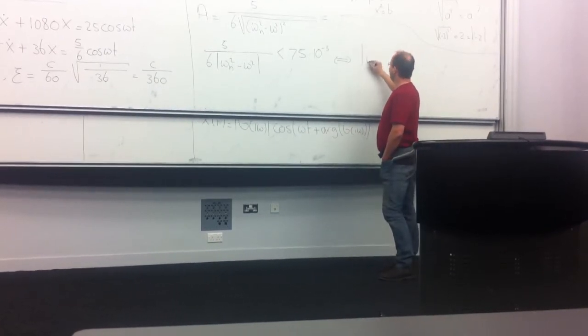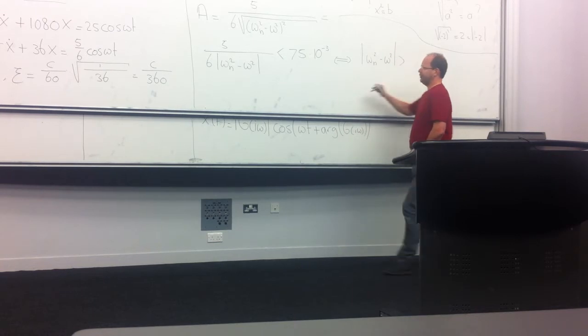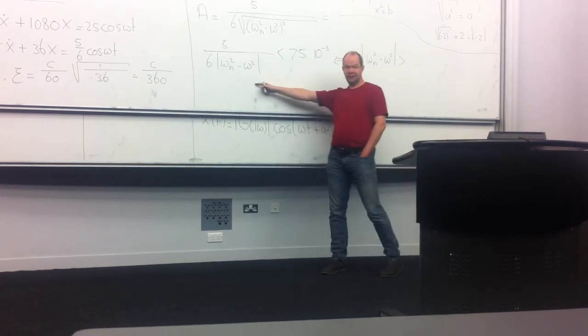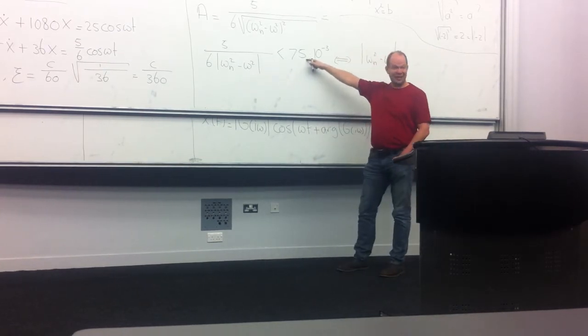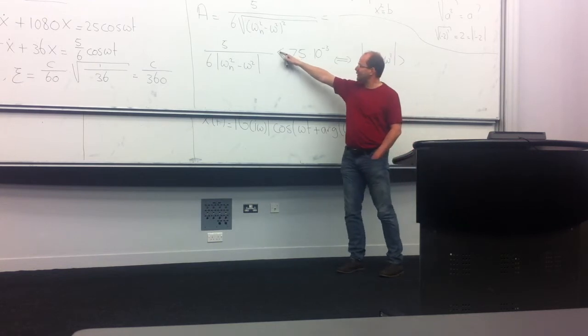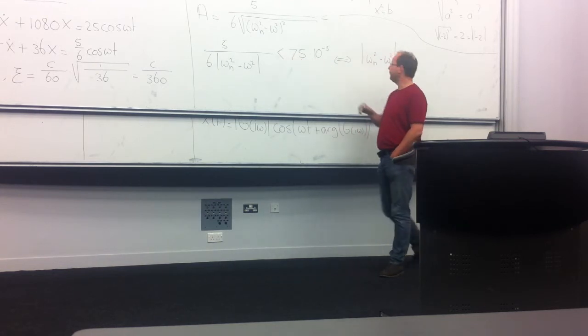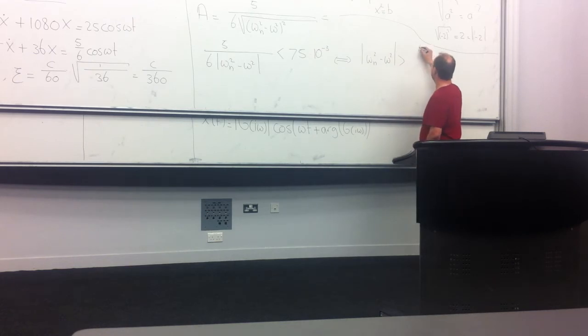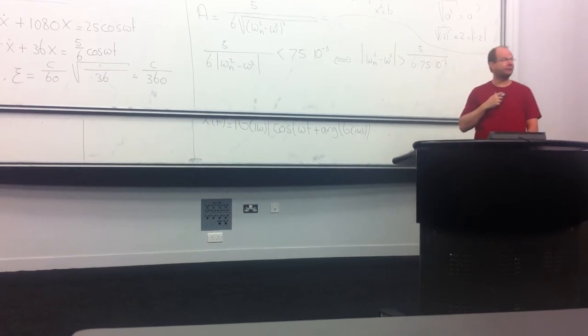So I get the modulus of omega n squared minus omega squared larger, because the modulus goes to this side, so then it's going to be larger than something. Larger than 5 divided by 6 times 75 times 10 to the power minus 3.